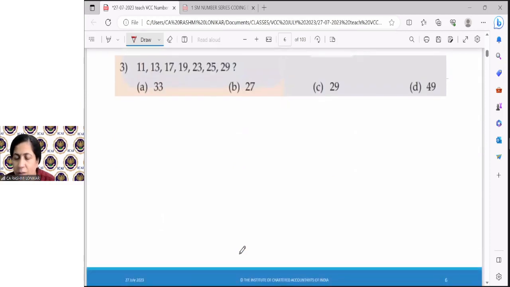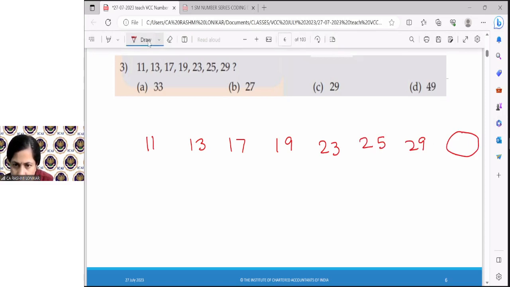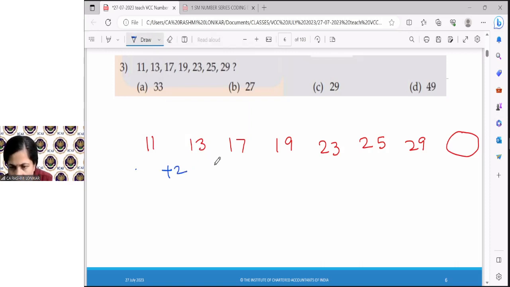Okay, let us move to the third sum. 11, 13, 17, 19, 23, 25, 29, and I don't know. 11 plus 2, 13 plus 2, 17 plus 2, 19 plus 4.